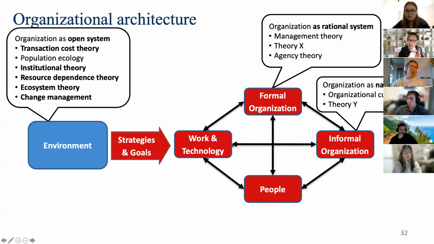And as you can see here, most of the theories that we have covered in this course are based on this open system theory. And indeed, before this open system theory was proposed, there was no organization theory.